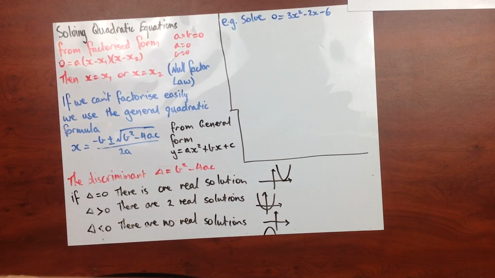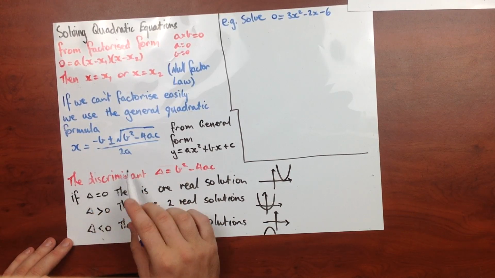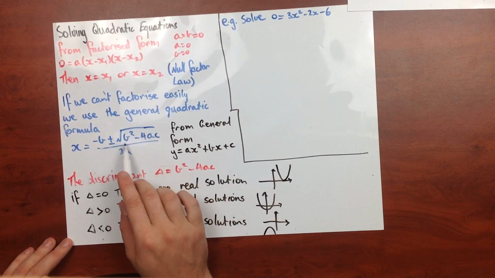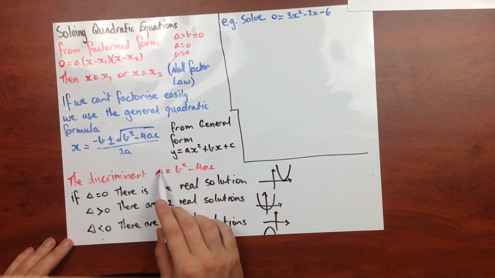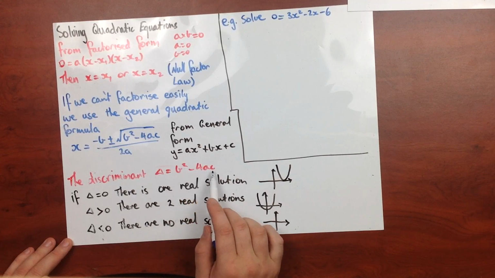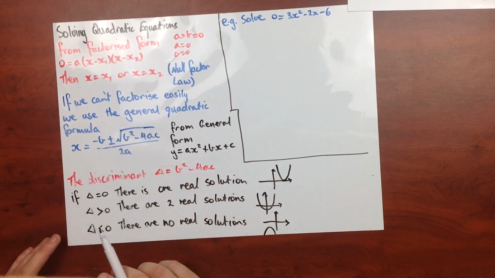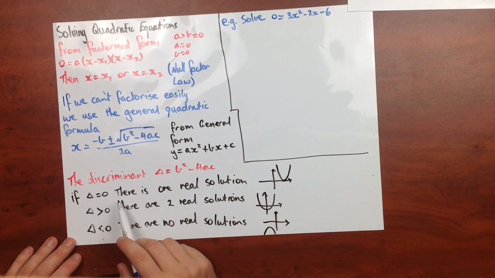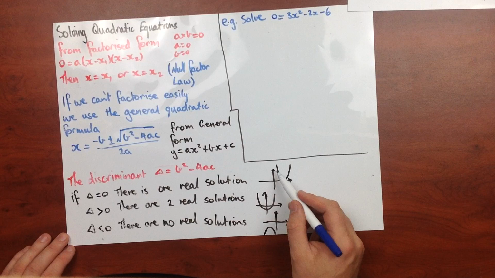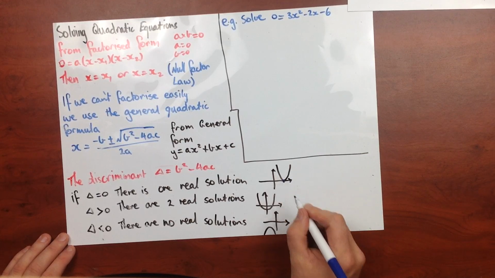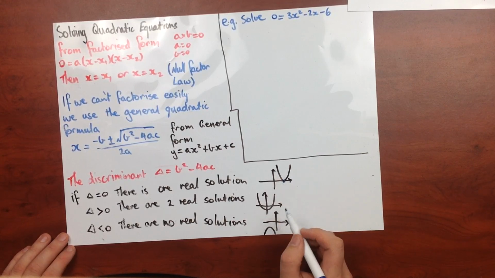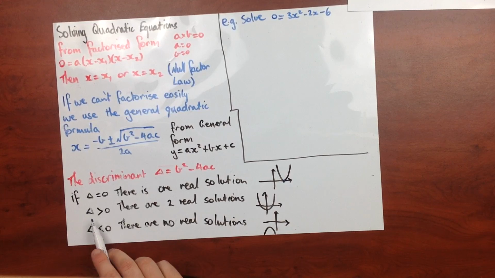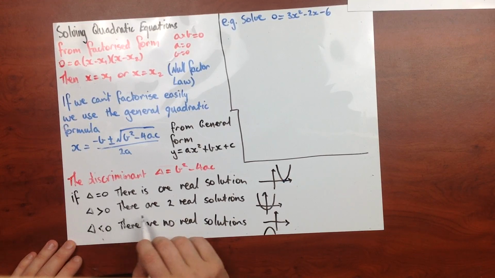However, we won't always get two solutions, and the discriminant, which is this part in here, delta equals b squared minus 4ac, just the part under the root, will tell us the number and nature of our solutions. If the discriminant equals 0, then we know we've got one real solution. That's going to look like this: one little intersection there, which is at our turning point. If the discriminant is bigger than 0, there are two real solutions.